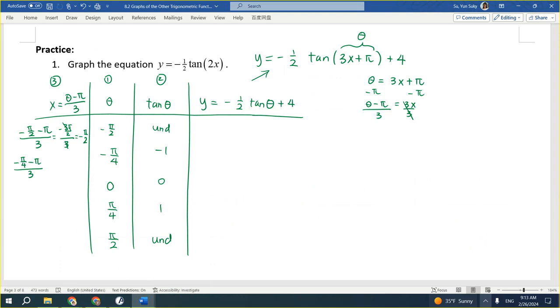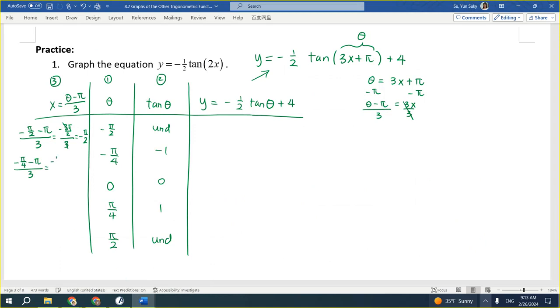What is minus pi over 4 minus pi? Negative 5 pi over 4. Yes, everybody?